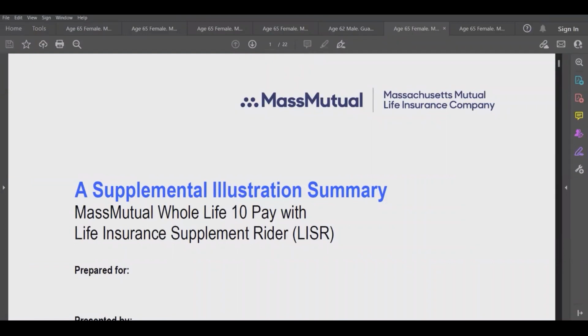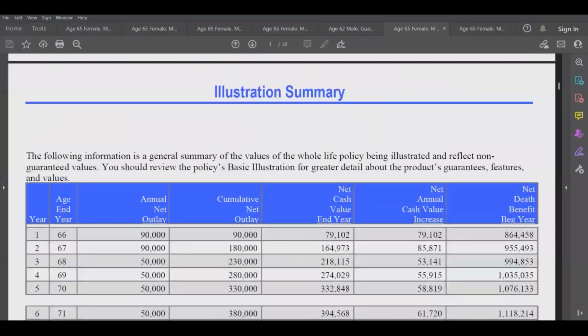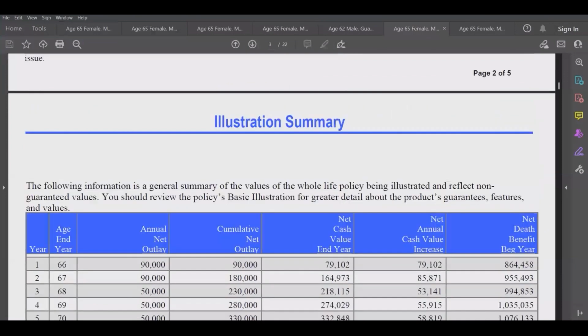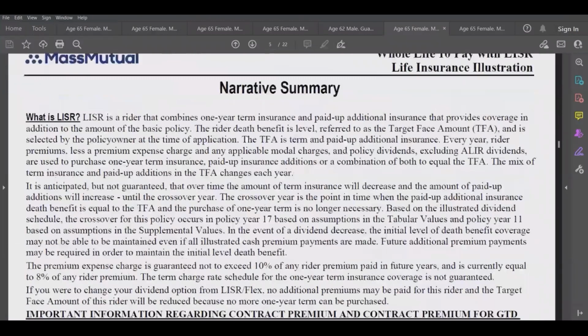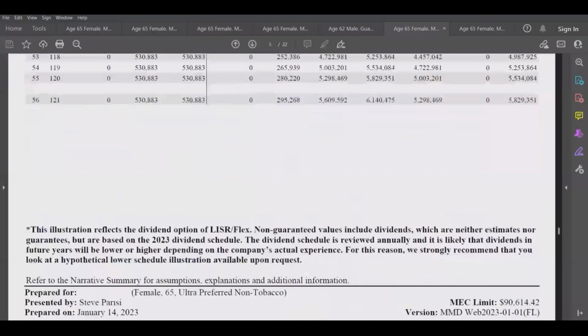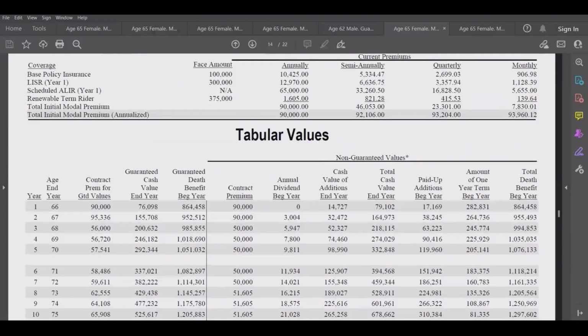And what we'll look at here is as follows. Why don't we scroll down a bit? So we've got an illustration summary, which is based on the non-guaranteed values. The only time this will be different, particularly with MassMutual, is if you run the state as Texas. But here's what I want to do. Scroll down. Let's go to the tabular values first.